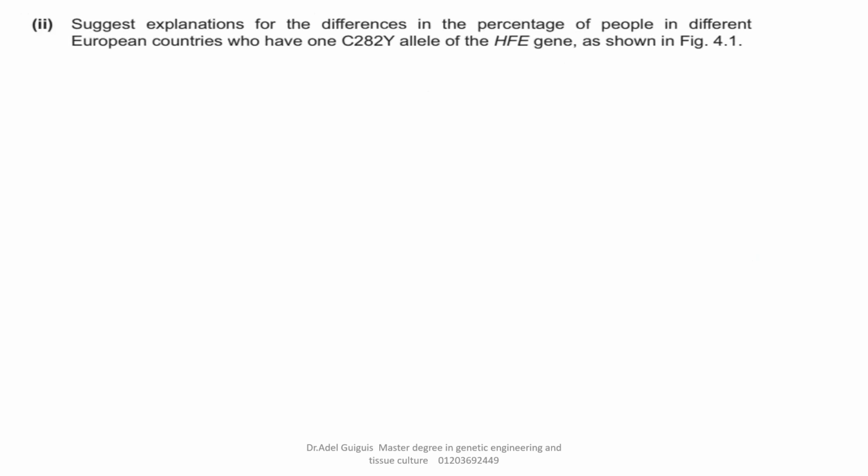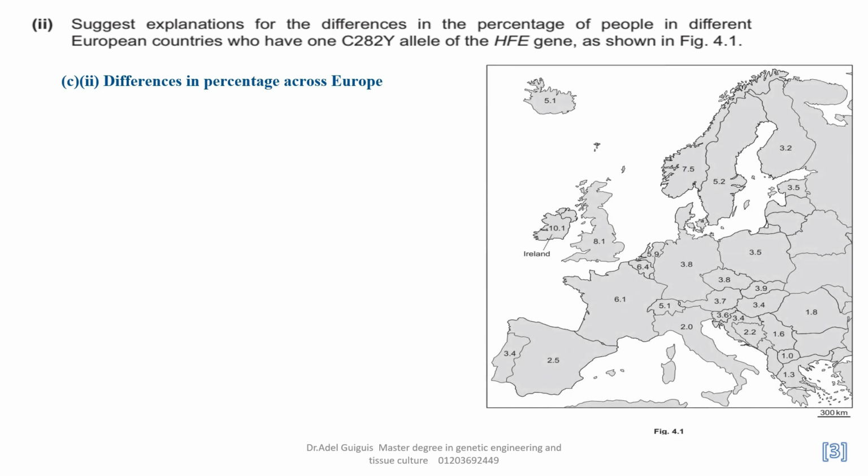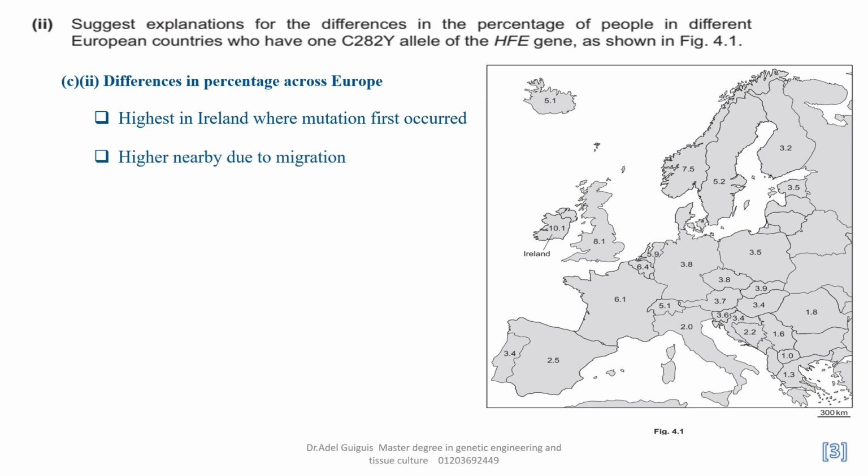Letter I suggests an explanation for the differences in the percentage of people in different European countries who have one mutant allele of the HFE gene, as shown in the figure. Look at this map again, magnified. Differences in percentage across Europe: highest in Ireland, 10.1 percent. Higher nearby due to migration, 8.1 in an adjacent country.